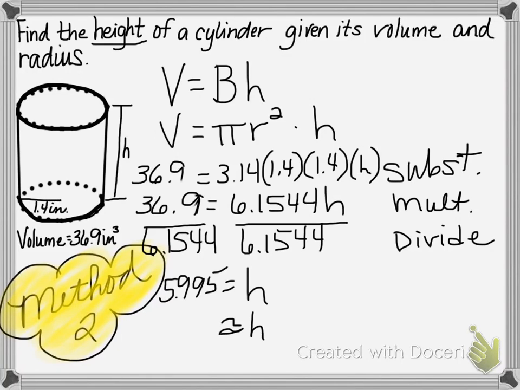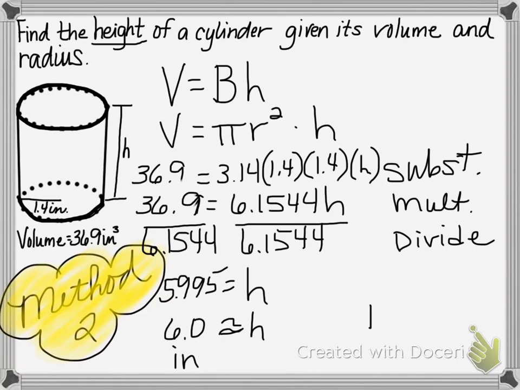So in rounding that to the nearest tenth, I see that I would round up, and I get 6.0, which means that my final answer is 6.0 inches for the height of my figure.